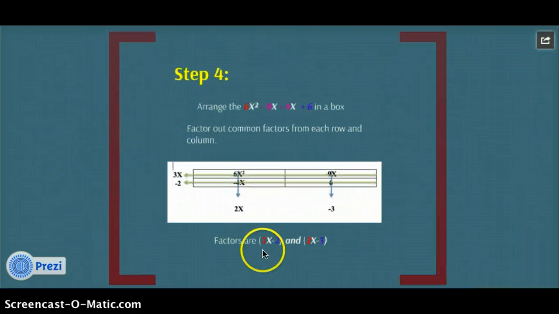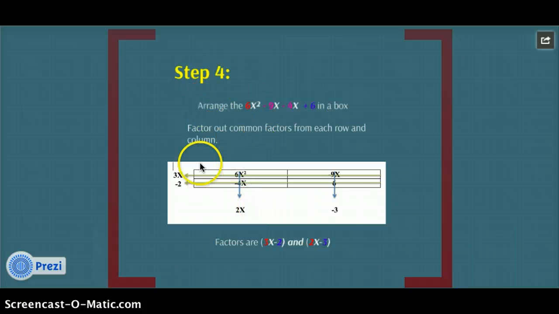The next step, you can place this into a box, and you take the 6x squared and then the negative 9x and then the negative 4x and then the 6 into the next equation, and then you factor out the columns and the rows.